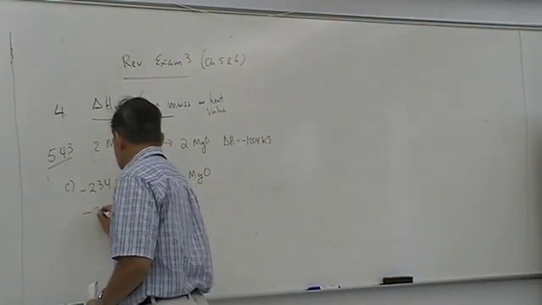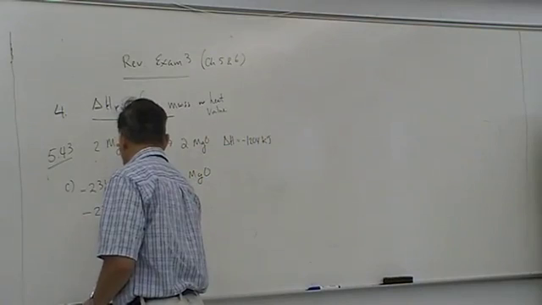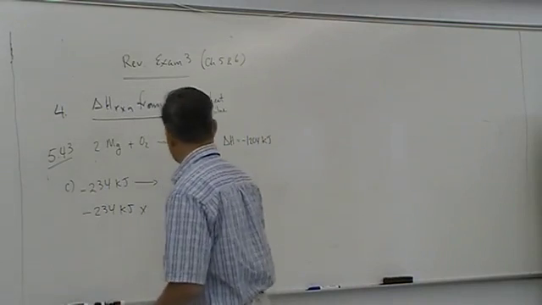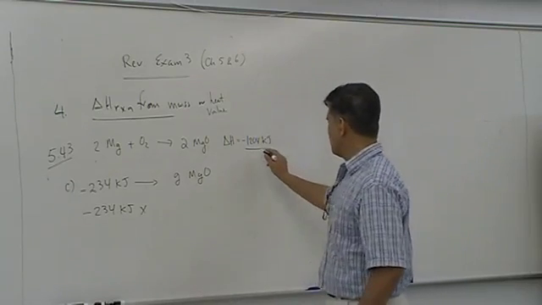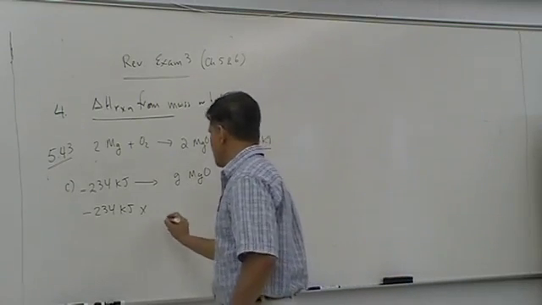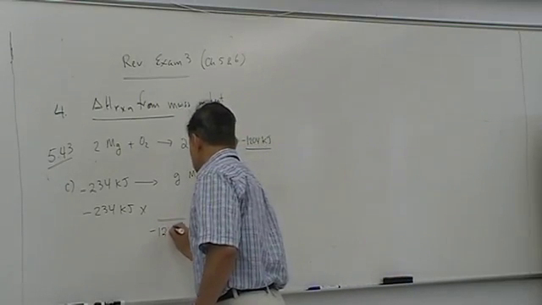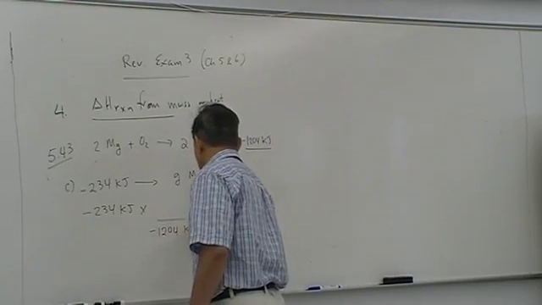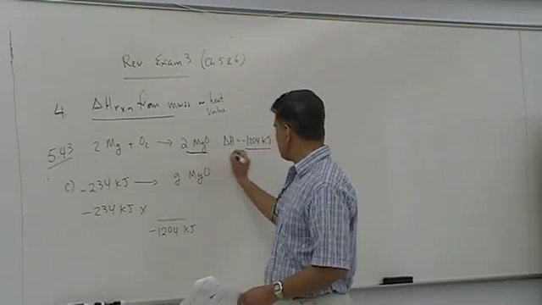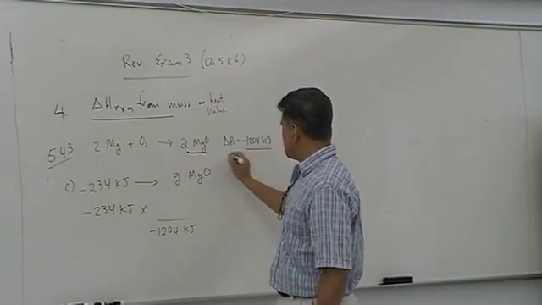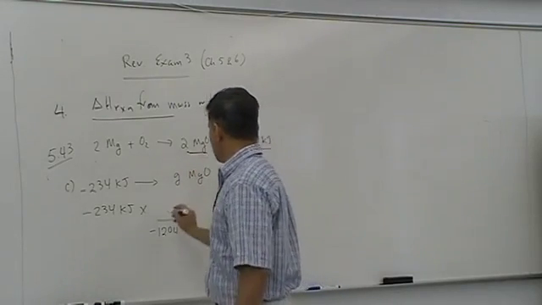Start with minus 234 kilojoule, which is given, times, always try to use the known information. Known information is minus 1204 kilojoule. Now the question is asking about MgO. We get this much energy when 2 moles of MgO is formed.